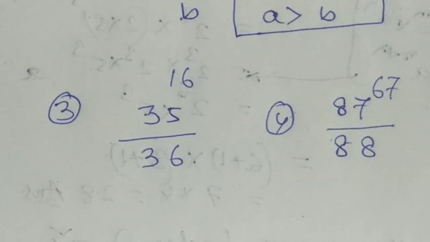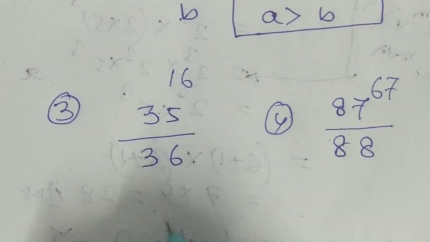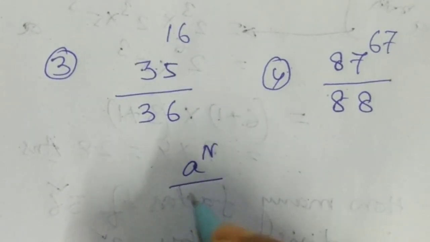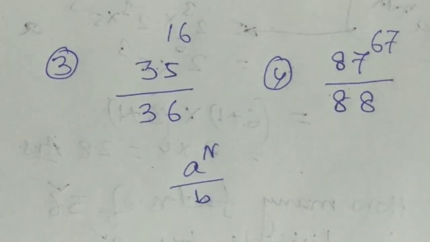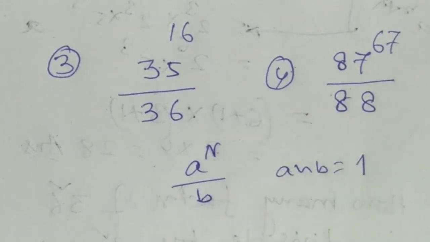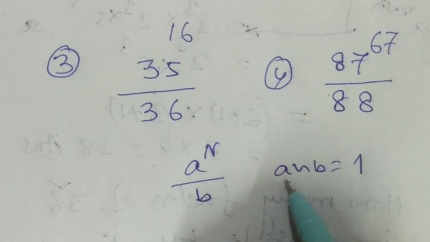In the two questions, the form for both is a to the power n divided by b. Here the difference between a and b is also 1.